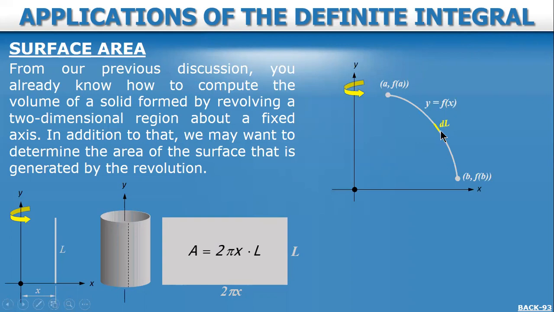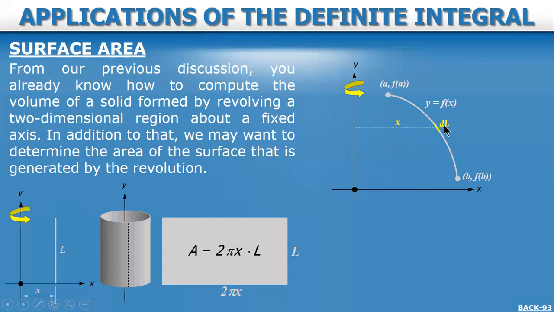We can consider it an incline, or simply a vertical line, since it is very short, the dL. So we can assume this one as a vertical line, and its distance from the y-axis is x.